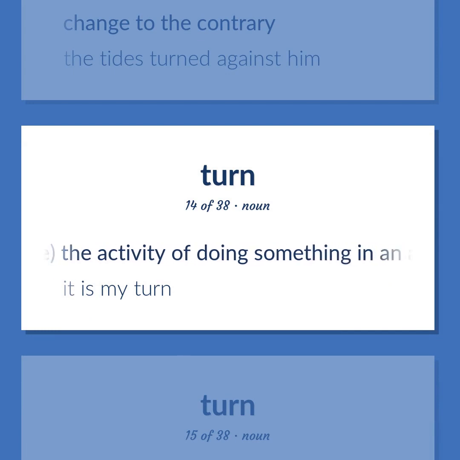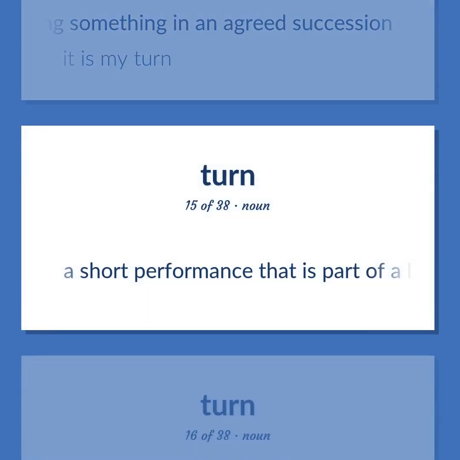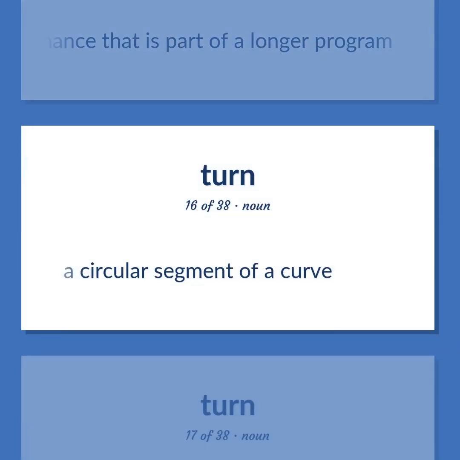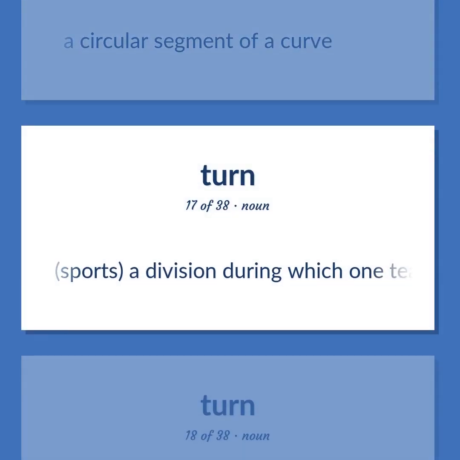Game. The activity of doing something in an agreed succession. It is my turn. A short performance that is part of a longer program. A circular segment of a curve. Sports. A division during which one team is on the offensive.